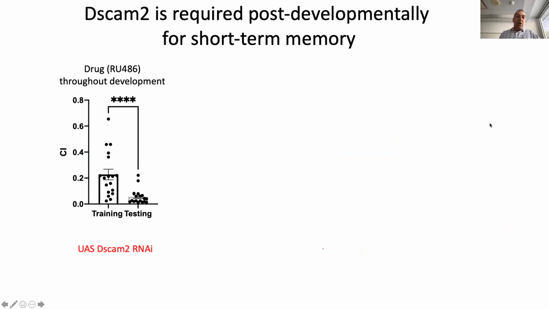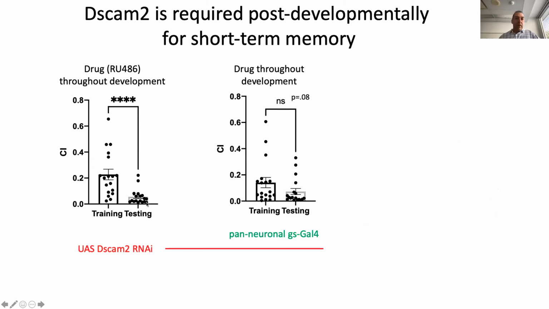So this is what Josh Davies did in my lab for his honors project this past year. If you looked at animals that did not contain the gene switch GAL4, they just contained the UAS element, and treated them with drug throughout development, he could see learning. So this was one of the negative controls. When he took a fly that had both the gene switch GAL4 and the UAS RNAi and treated them with the drug throughout development, there was no significant difference in the learning, although there's clearly a trend here.